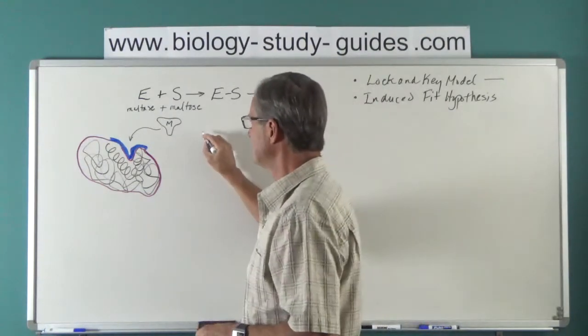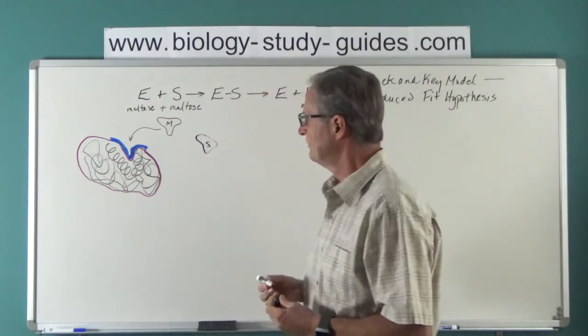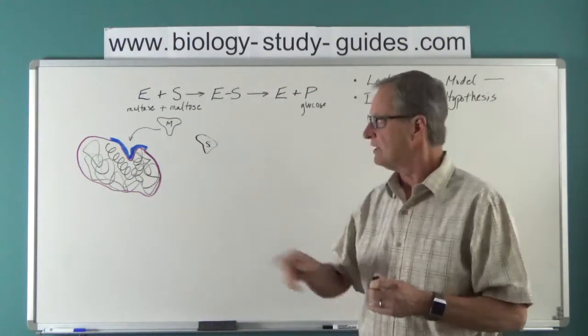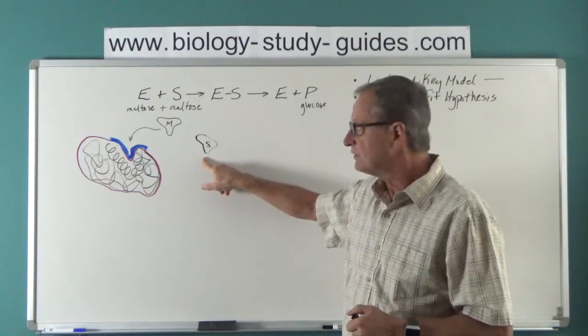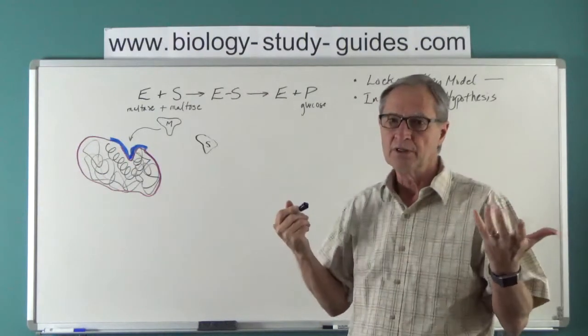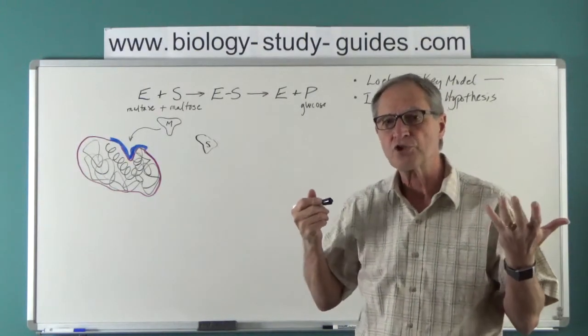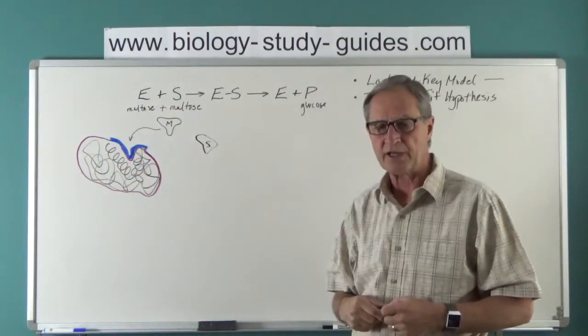Well, there's another disaccharide that we know, and it could be sucrose. Very similar in shape because this is glucose plus glucose, this is glucose plus fructose. So they're very similar in shape. It is possible to have a molecule that is so similar in shape that it will fit into the active site.